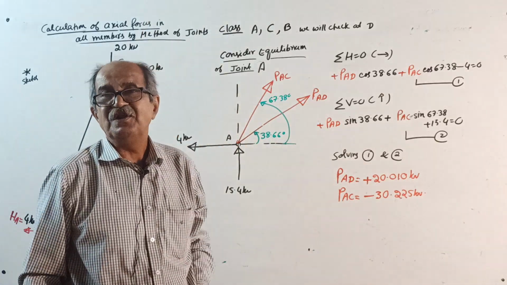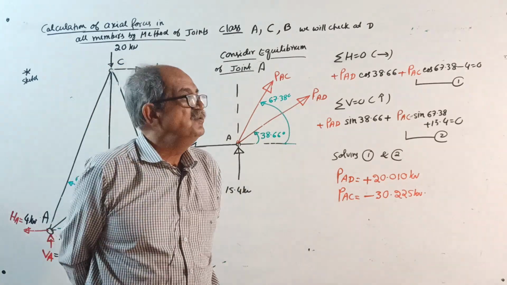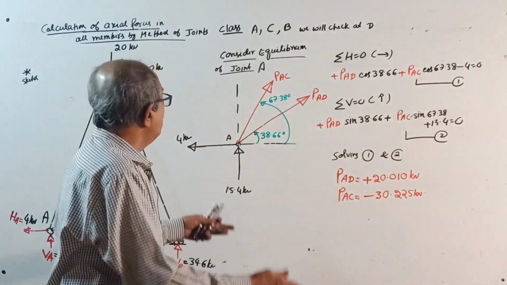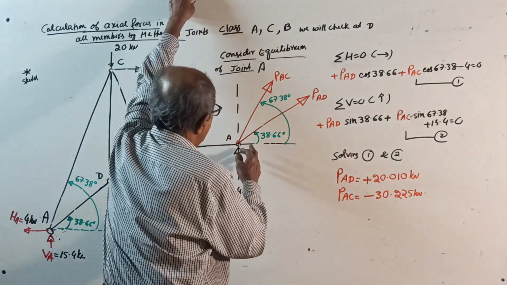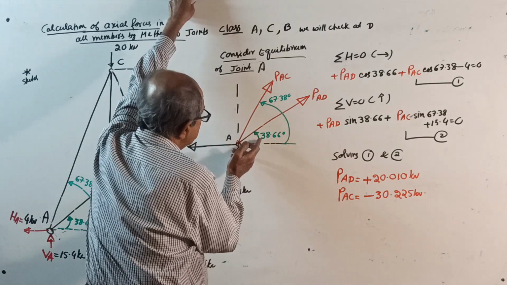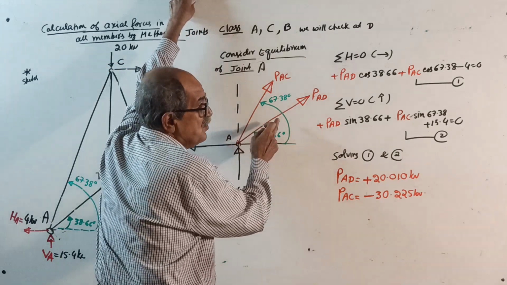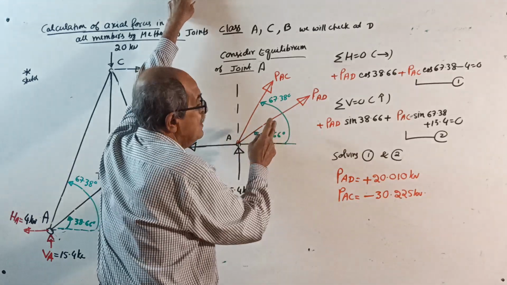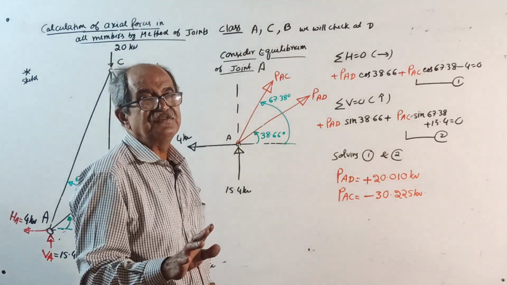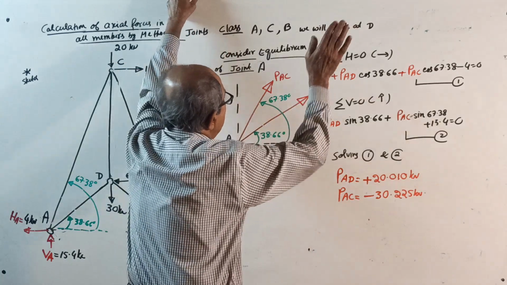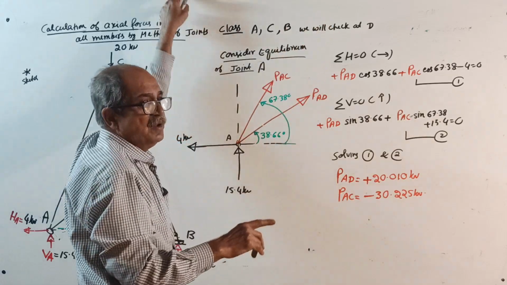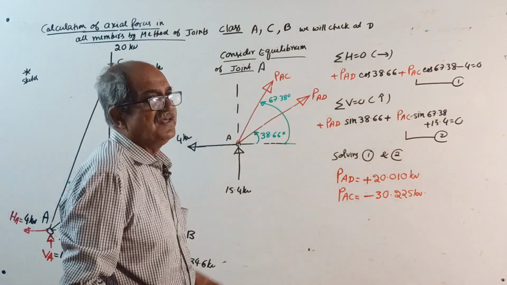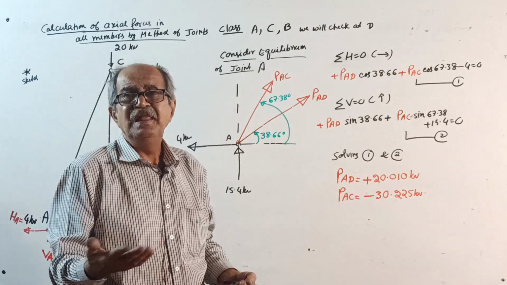Someone will ask, sir, how do you know? Leave it, don't bother too much. When such a mix-up is there, I will take both going away from the joint. Make a note here: both unknowns are considered away from the joint. Later you can make out.